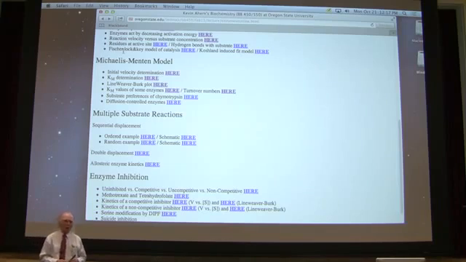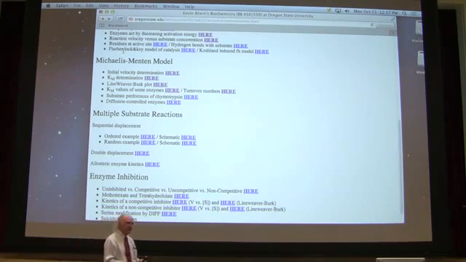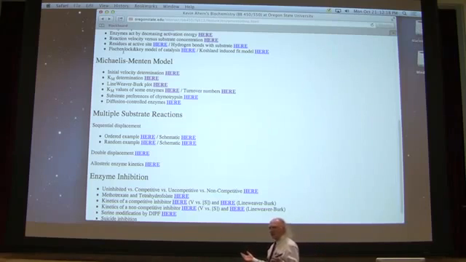We take the kcat for an enzyme and we divide it by its Km. And when we do that for a whole bunch of enzymes, we discover something really interesting. Some enzymes have a relatively low ratio, meaning they're not very perfect, because that means they don't have a high velocity and a low Km. A high velocity and a low Km is going to give us a very big number. But then when we look at a bunch of other enzymes, we discover that they go up and then they reach a peak and they don't go any higher. That ratio of kcat to Km doesn't change for different enzymes.